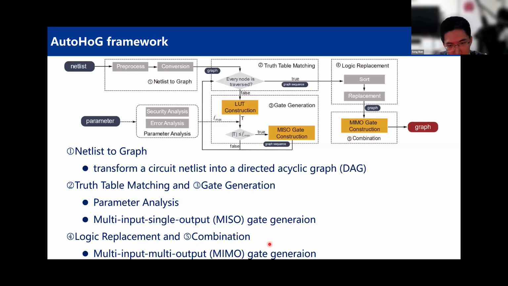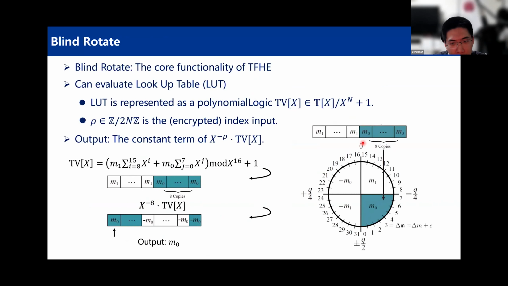So we do all this optimization and then generate a new topology netlist with all these compound gates. Basically, we automatically transform an existing netlist of simple AND/OR gates into a compound gate circuit, such that the runtime can be significantly improved.